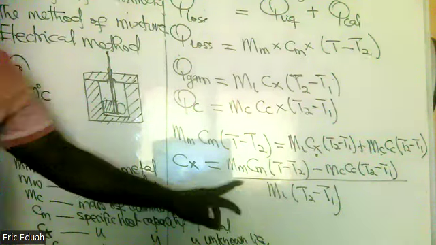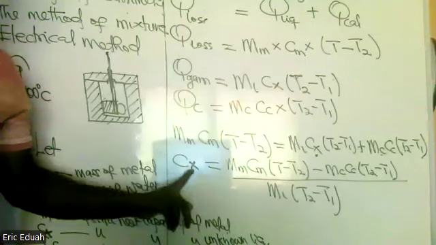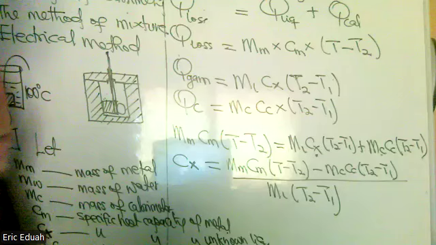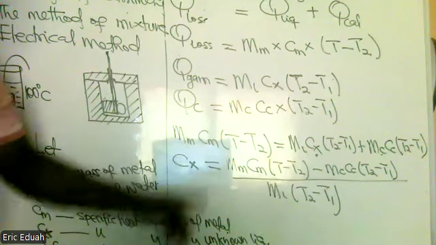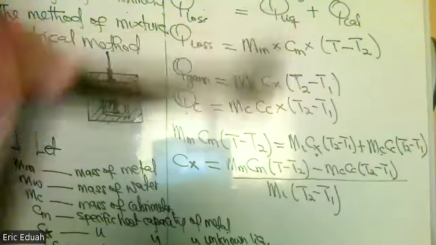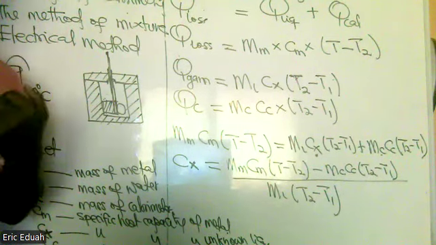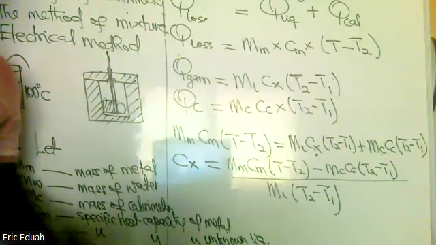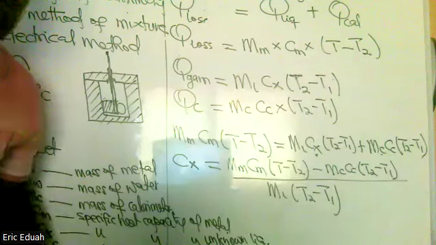If it's about using this method to find the specific heat capacity of a metal, all that you do is make the metal, whatever you are looking for, the subject. Establish the equation: heat lost by the body at a higher temperature must be equal to the heat gained by maybe the liquid plus its container.